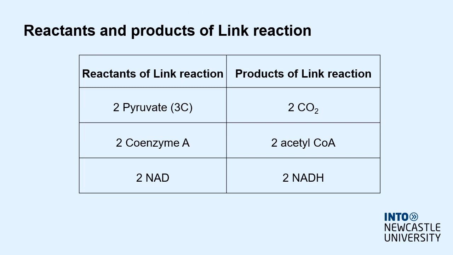And we can summarize the reactants and products of the link reaction in a table like this. Now again, it's really important to mention this is for each original glucose. So for each original glucose, the link reaction happens twice.